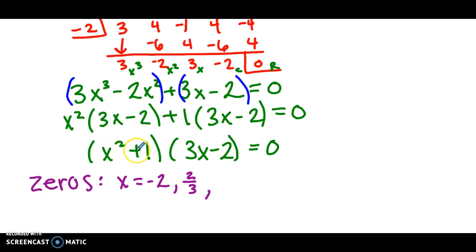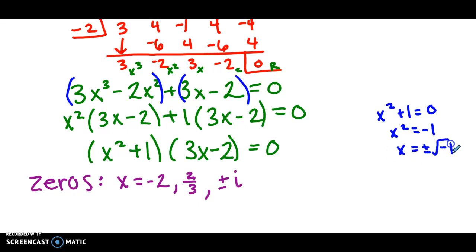And from x squared plus 1, we would get plus or minus i. If you're not sure where I get that from, here's a little side work: the square root of -1 is i. So that's where that comes from.